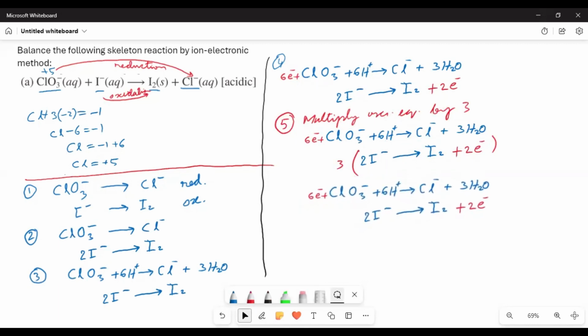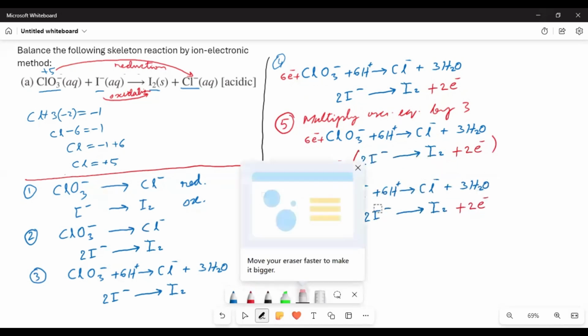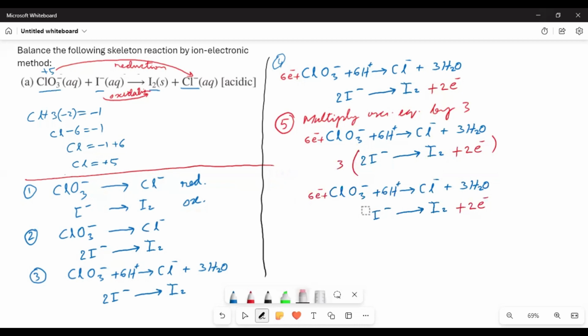The first equation remains as it is, but in the other equation, there would be 2 threes are 6 iodide. Okay, so 6 iodide, so there would be 3 iodines. Now this equation is balanced. You can cancel out the electrons.